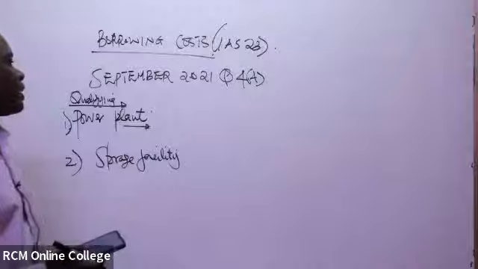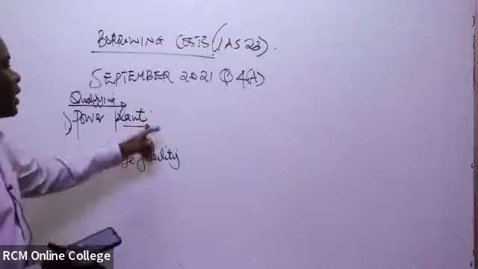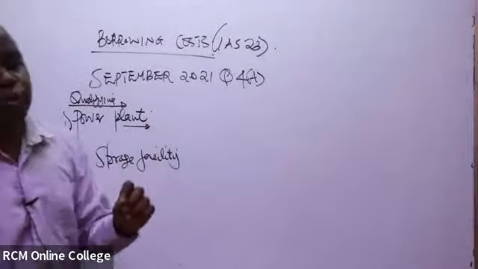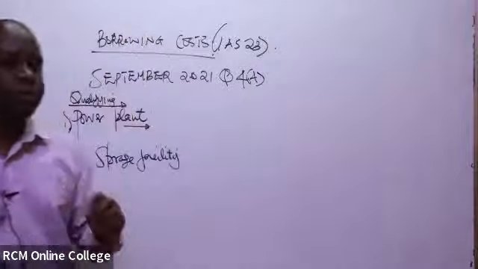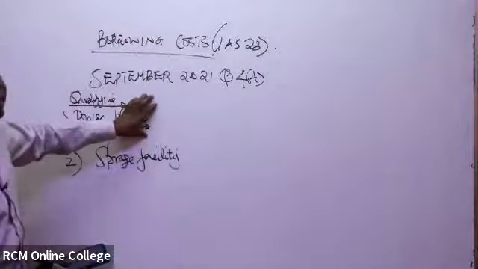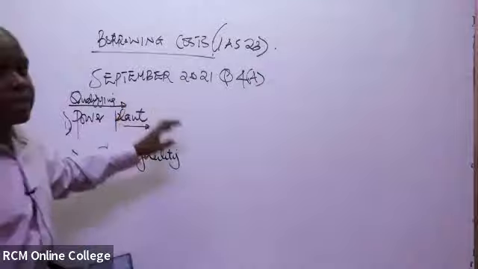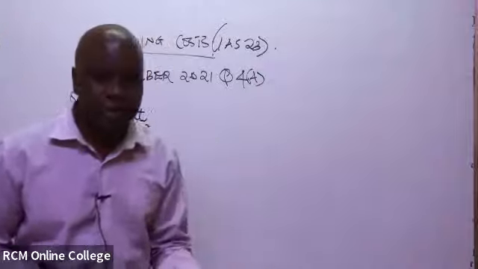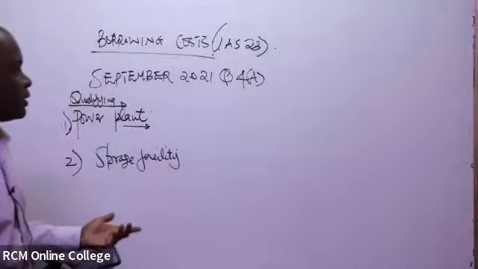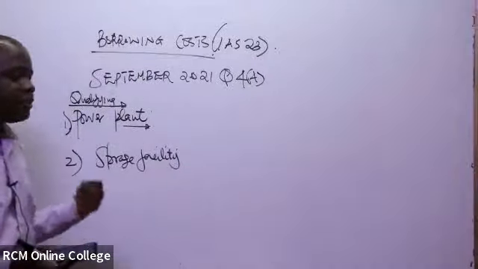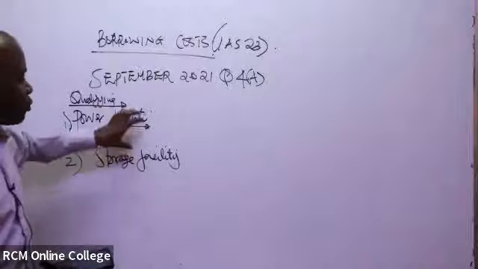What they mean by the borrowing cost to be capitalized is simply that they're asking us to compute the borrowing cost that we'll include on the cost of this asset. And of course, the borrowing cost incurred on the construction of a qualifying asset during the active period of construction has to be part of the cost of the asset.